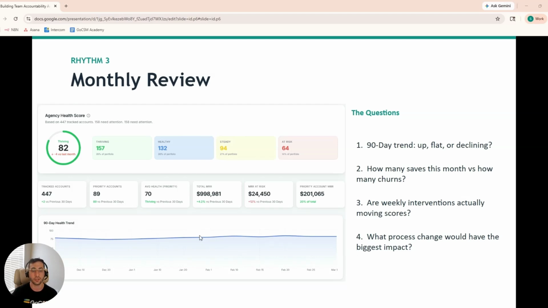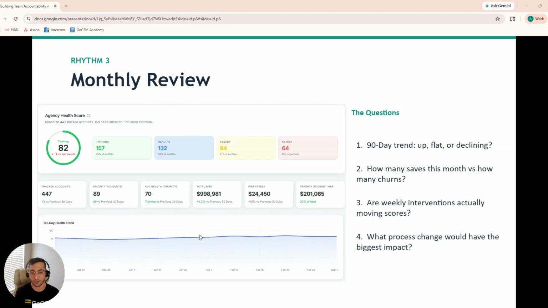The big question you're answering here is, what is the process? Which parts of your process need to actually change that's going to have the biggest impact on retention in the following 30 days? It could be anything. It could be adding training steps to your onboarding process.